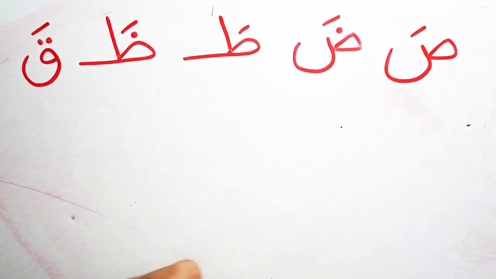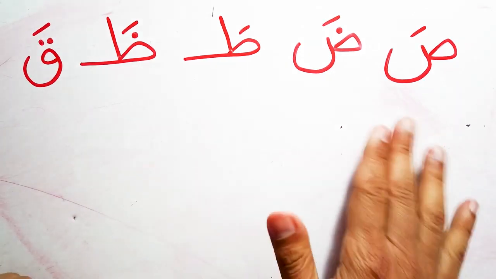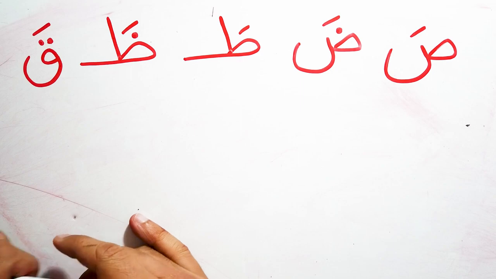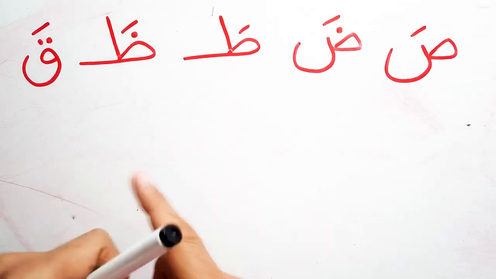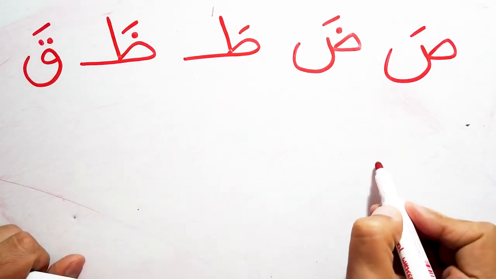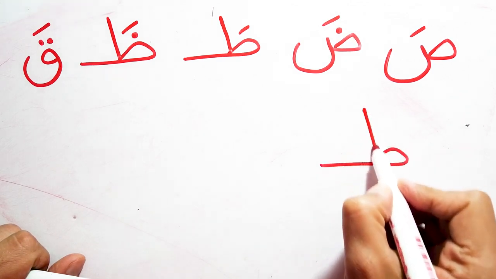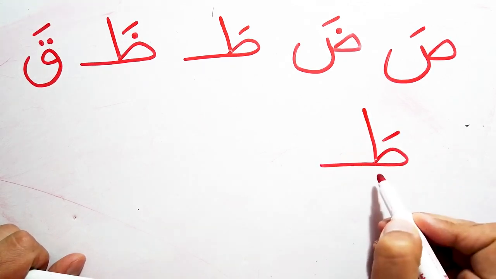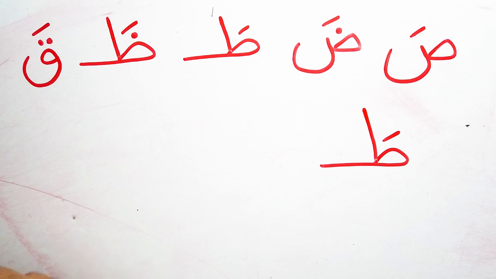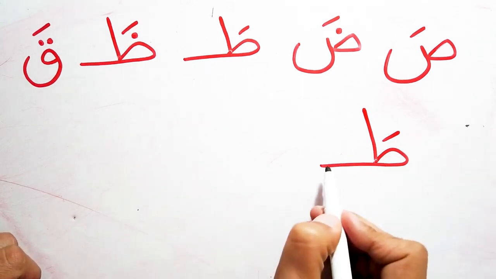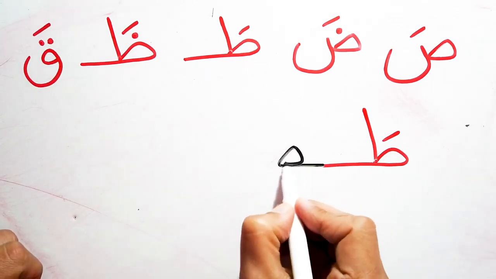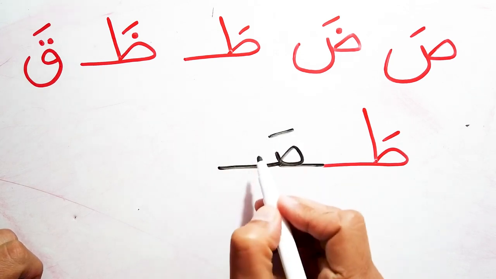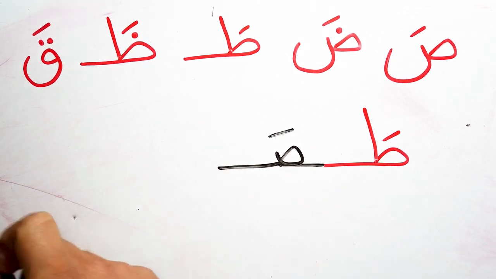Let's play our game. Let's connect the letters together and see their shapes. Let's put ta in the beginning of the word. Let's connect it to sa. Let's read together.